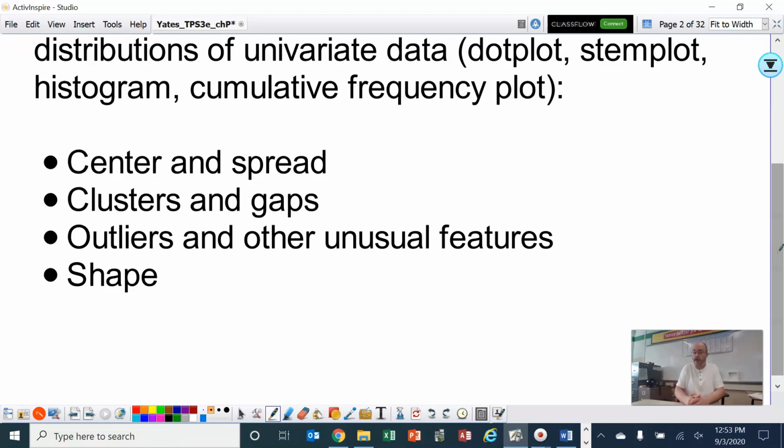Hopefully you remember what outliers are. Okay, it's a data point or data points that don't fit in the normal range of the regular data. And we're going to look at the shape. Is it normal? Okay, ooh, normal curves. Can't wait to get to that. Is it normal? Is it skewed to the left? Is it skewed to the right? Etc. All right, let's keep going here.